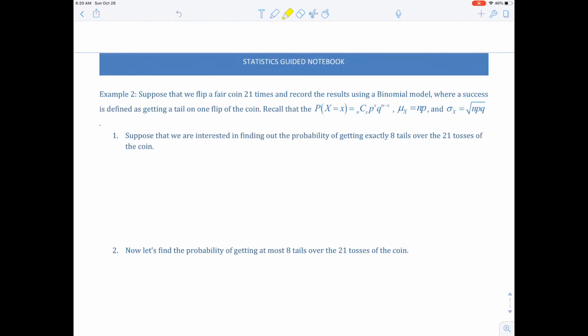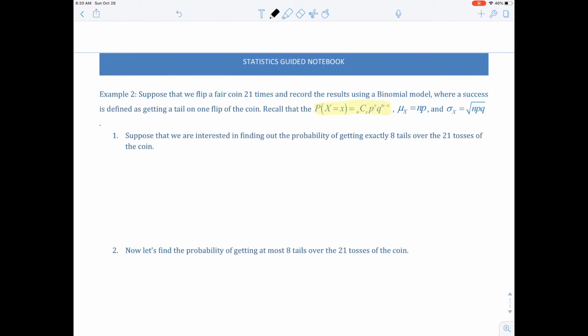As you may have noticed before, the binomial model is the way you would find a specific probability over n trials. In this case, we've modeled flipping a fair coin 21 times, and the success is defined as getting a tail, right?